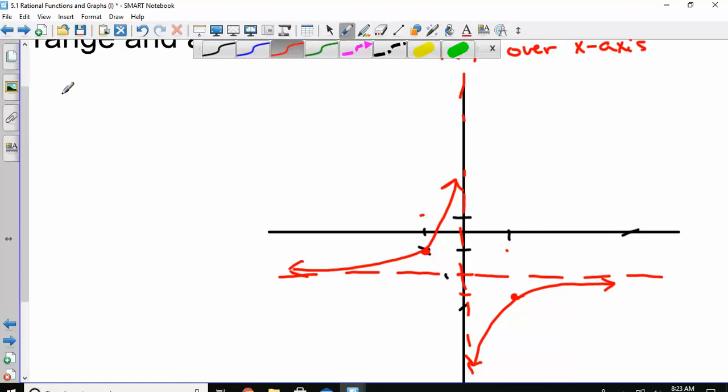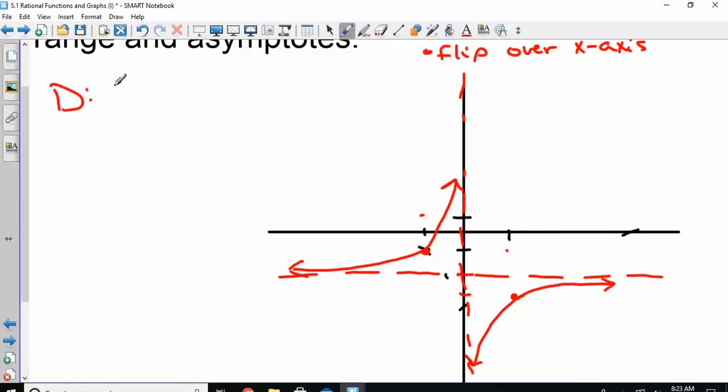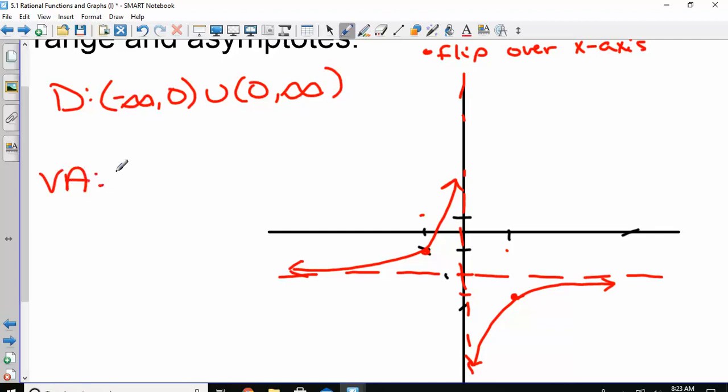So my domain is what? Negative infinity to 0, union 0 to infinity. So that means my vertical asymptote is at x equals 0. Range is what?